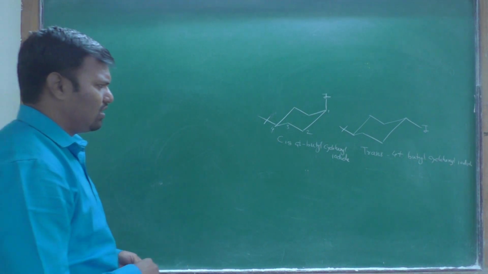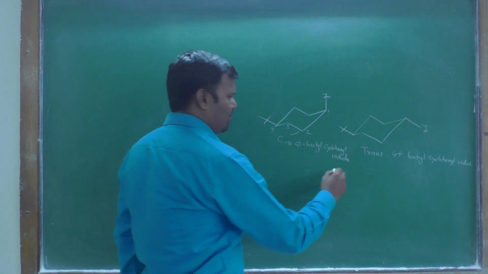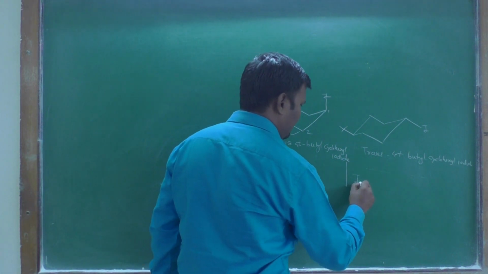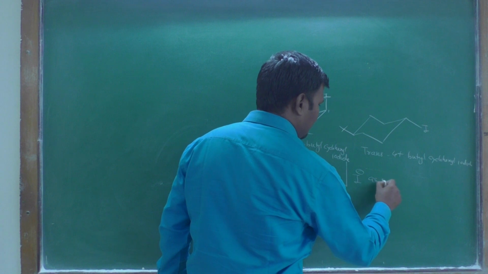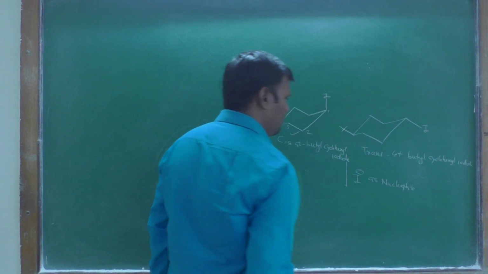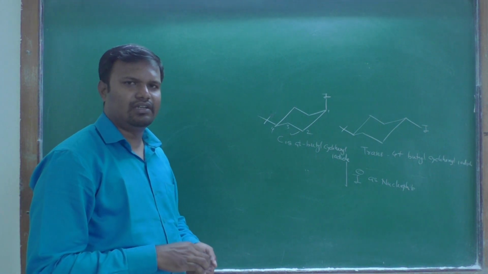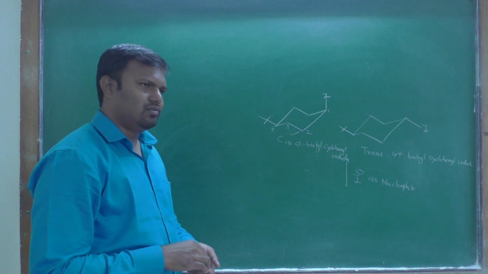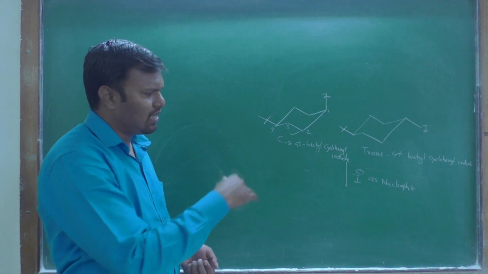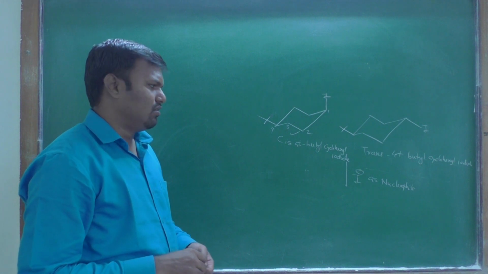Now we have seen already this compound when we used iodide minus as a nucleophile. As we know, in SN2 reaction, the attacking group and leaving group simultaneously attack and break.